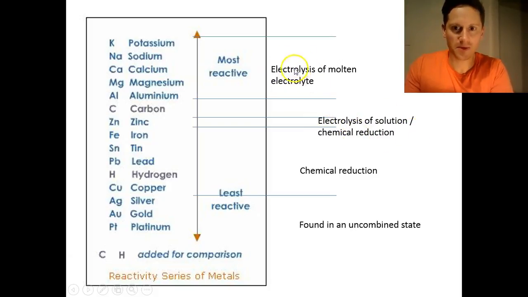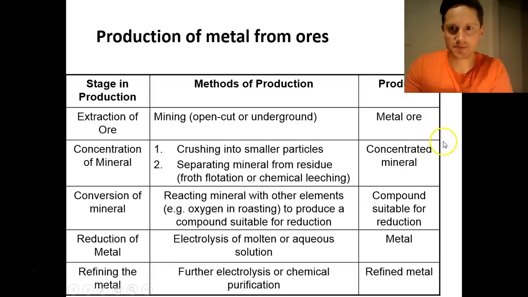Up the top, you need to have electrolysis of a molten electrolyte. So we can't have an aqueous solution of the metal ions. You need to have a molten ionic compound in order to obtain the pure metal. And we'll talk about the difference to that in a little bit, but essentially it's mostly to do with difficulty and cost. The more reactive metals are, the more difficult they are to actually extract.